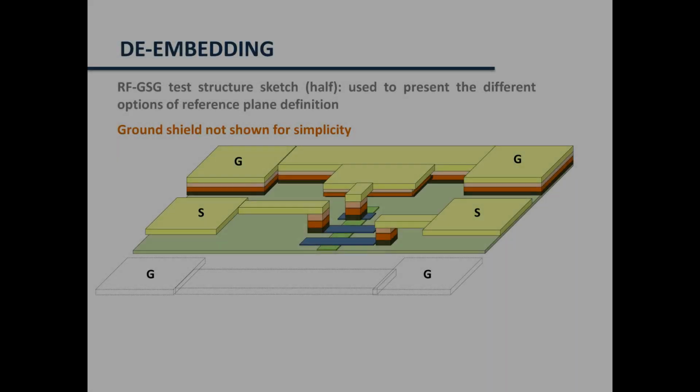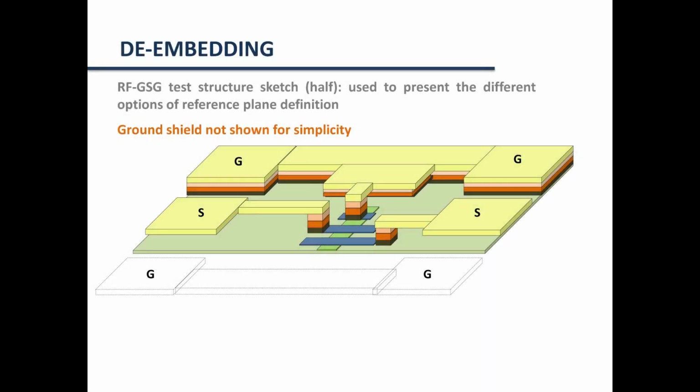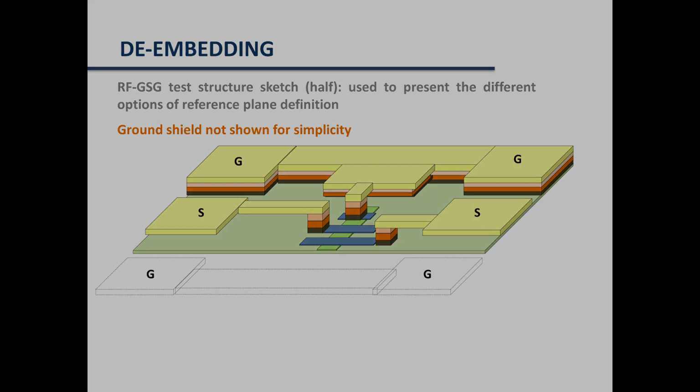Let us see the implication of the layout of these open and short dummy structures. You have here a sketch of GSG RF structures, where we show only half of the structure for simplicity. You can see the ground and the signal pads, and in the center a sketch of a MOS transistor.